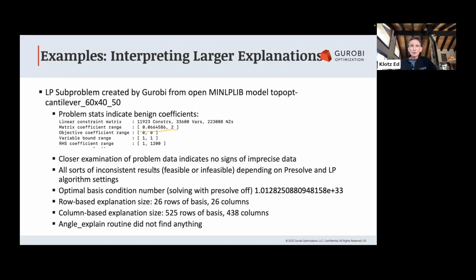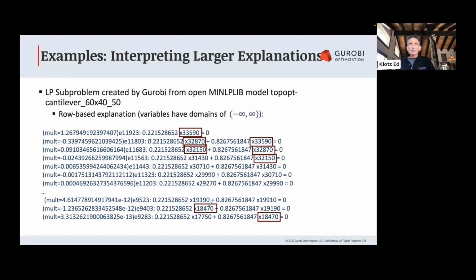You get all sorts of inconsistent results in terms of declarations of feasibility or infeasibility, depending on how you vary presolve and LP algorithm settings. The optimal basis condition number is 10 to the 33rd. In this case, again, the row explanation is much smaller than the column-based explanation, and the angle explain routine doesn't bias anything. So let's look at the row-based explanation.